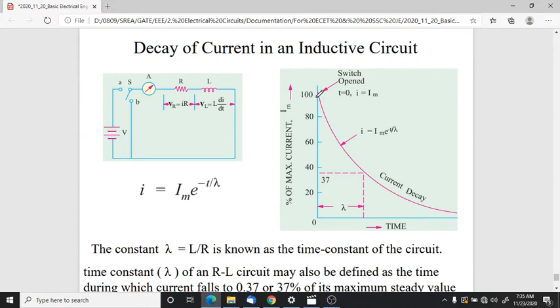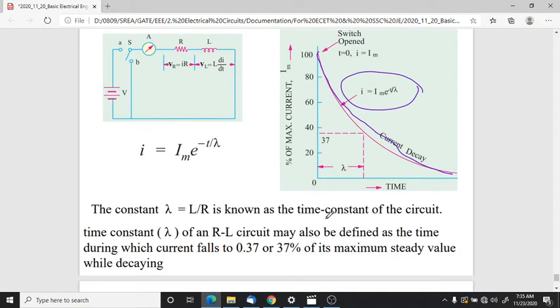So now if you see, the current will decay like this if you disconnect the source. It does not decrease to zero suddenly; it decreases slowly from the peak value to zero. In this case, whenever any waveform is decaying, the current equation is Im into e power minus t by tau.